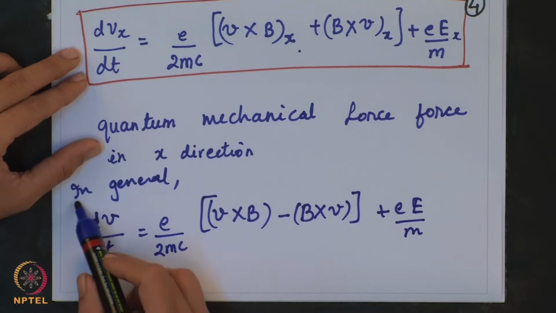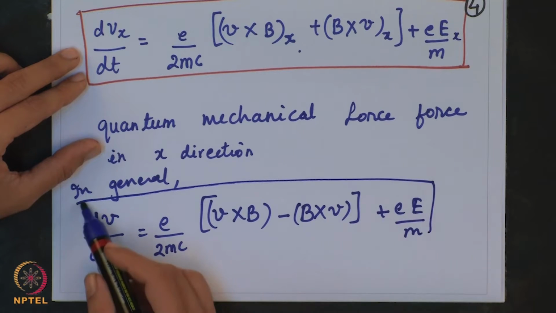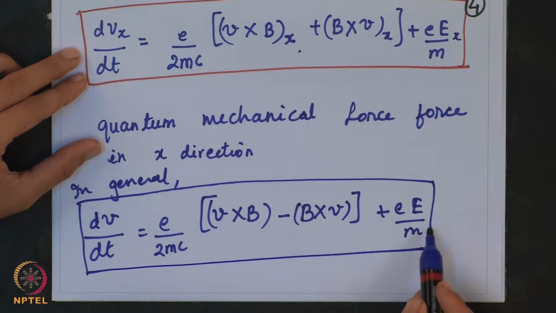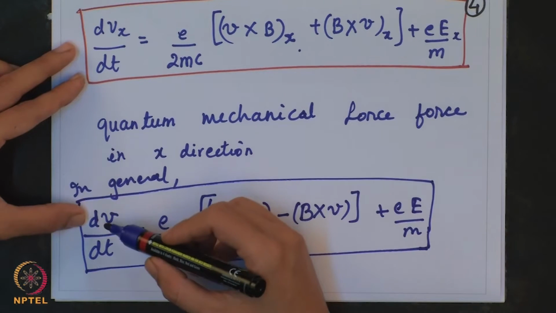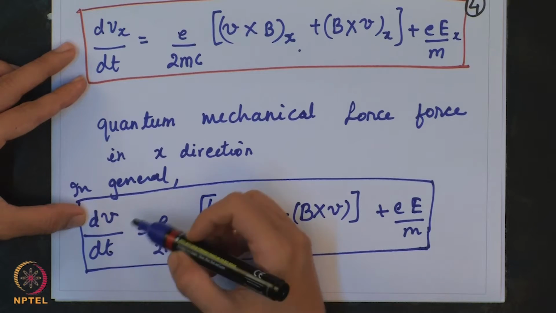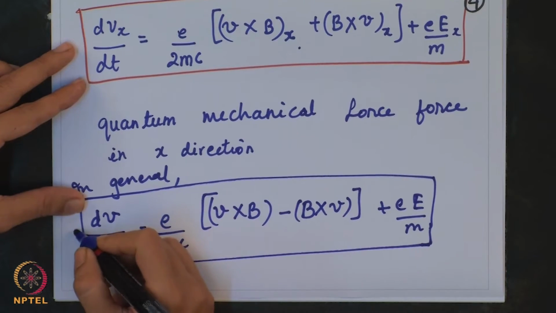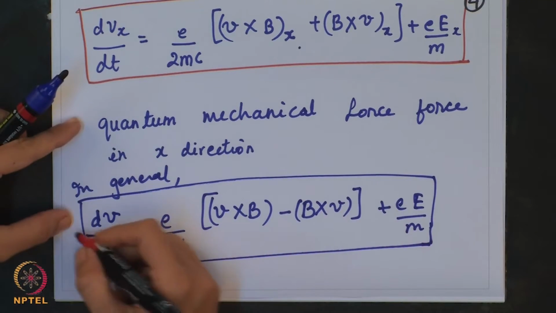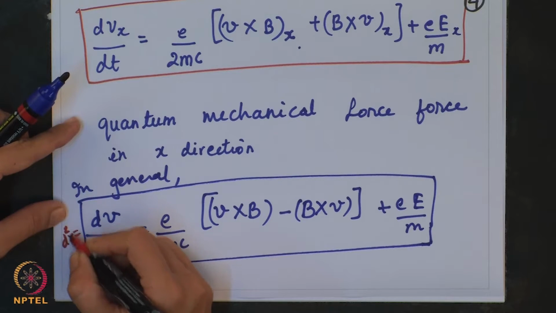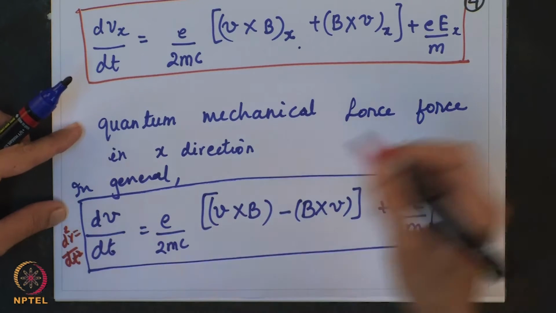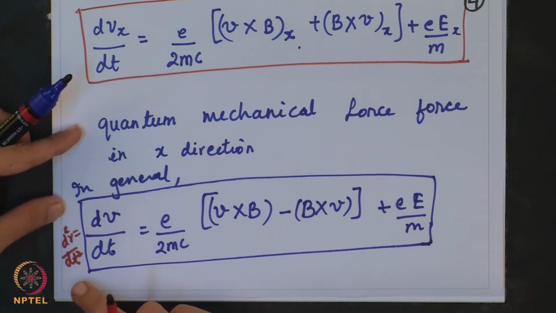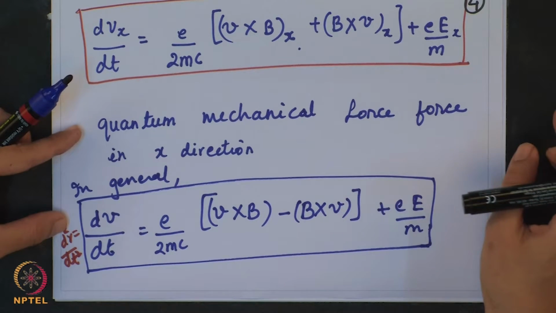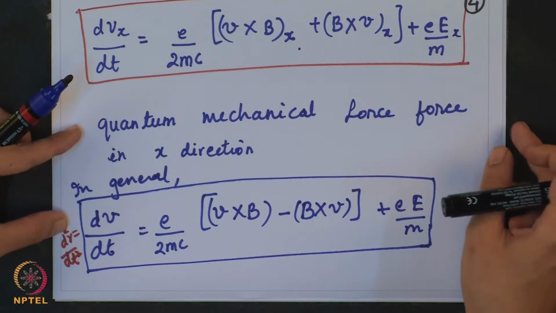This is nothing but the quantum mechanical Lorentz force, which is proportional to dV by dt. You can rewrite this as d square r by dt square, which is asked in the question. So it is proportional to the quantum mechanical Lorentz force, and I think this part was also discussed in the lecture.